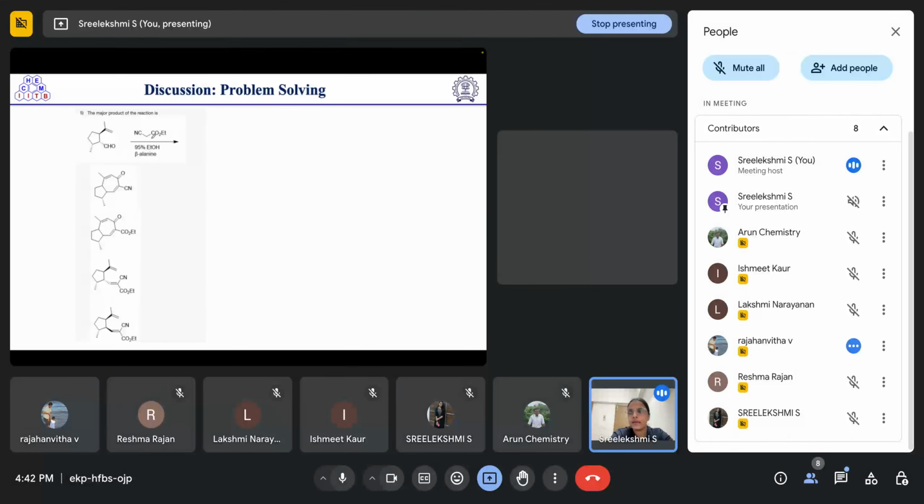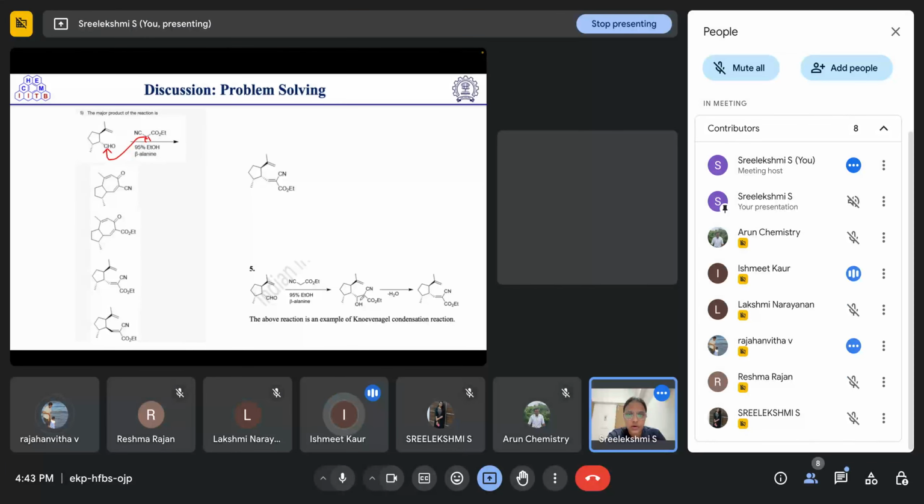So what is happening here? From where will the proton be abstracted first? From the cyanide molecule. So here carbanion will be generated. Then that will add to the carbonyl group, this aldehyde group.